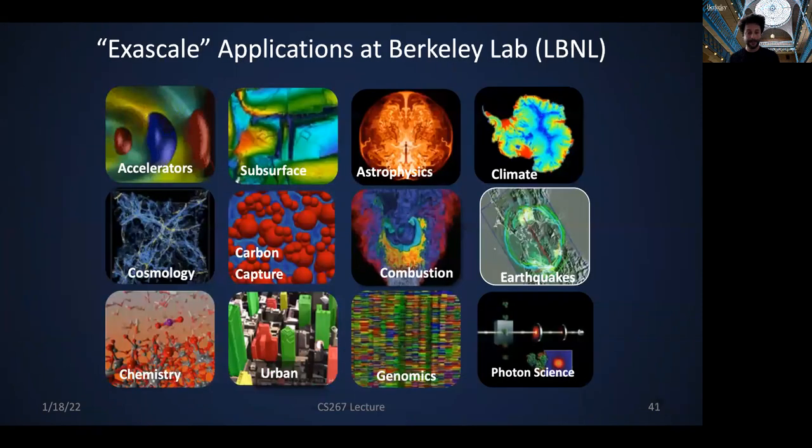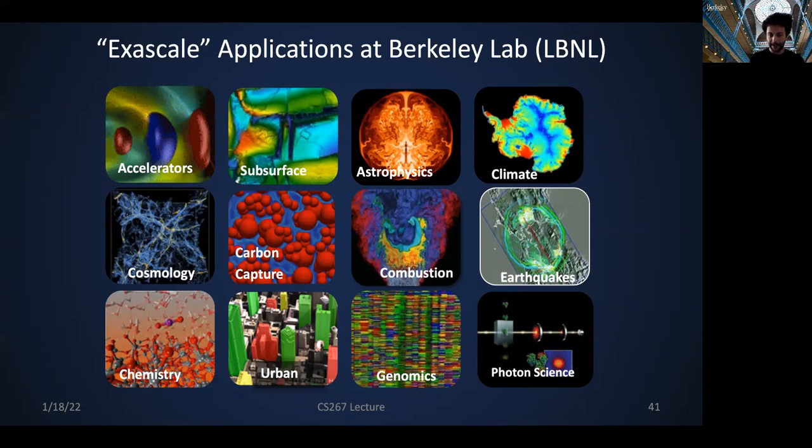So I'm going to stop giving examples of more and more simulation applications here. But let's just say that a lot of these simulation projects are now part of this big umbrella project within the Department of Energy, the so-called Exascale Computing Project. And we take part in a lot of those within the Berkeley Lab itself, the so-called Lawrence Berkeley National Laboratory.